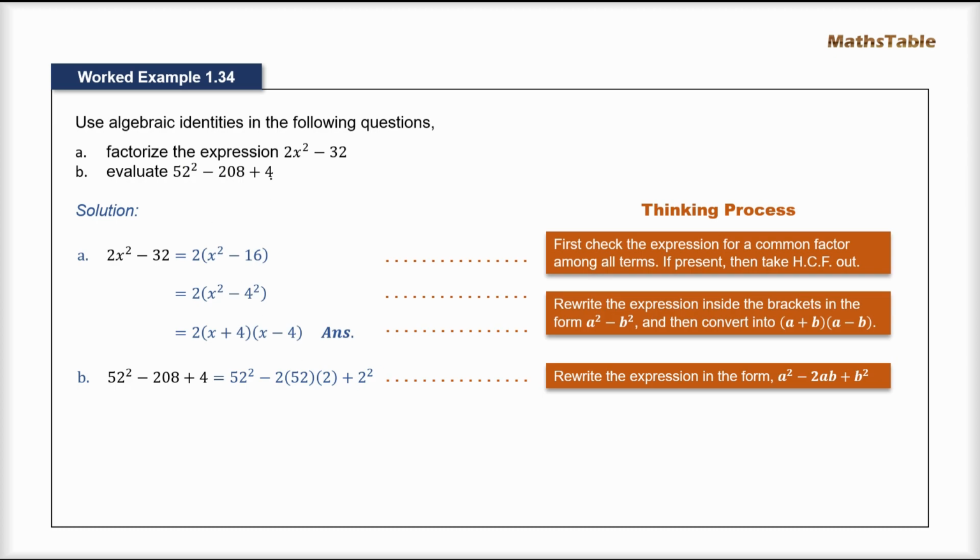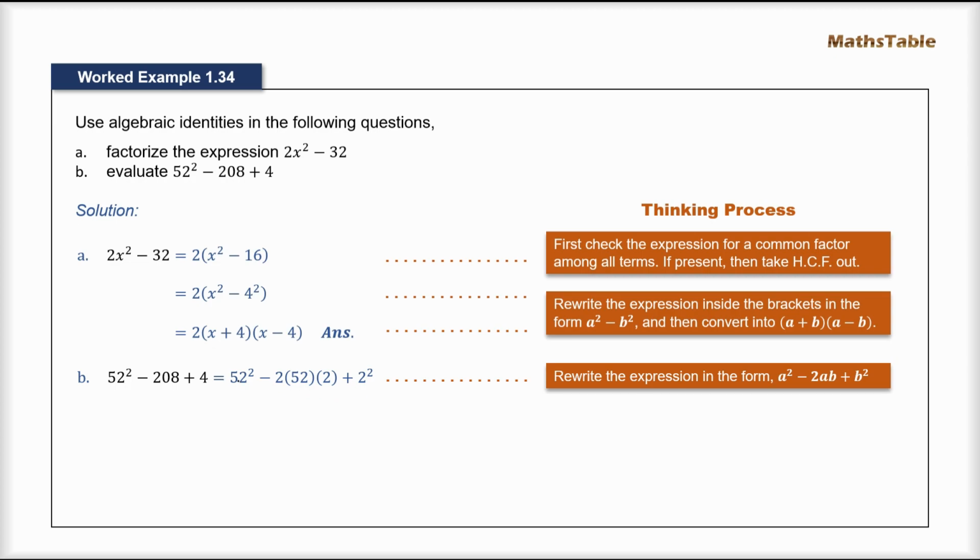So all these three terms are consistent with the expanded form of the identity which we have converted into. We can easily check by multiplying the middle term again to see if we get 208 to check whether we have done this step properly.